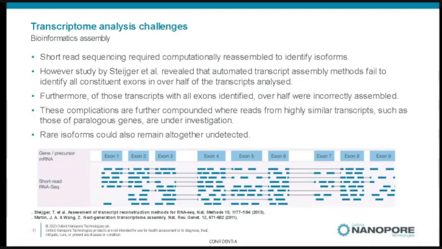Furthermore, of the transcripts with all exons identified, again over half were incorrectly assembled. These complications are further compounded when reads from highly similar transcripts, such as those from paralogous genes, are under investigation. Rare isoforms could also be an issue and remain altogether undetected.